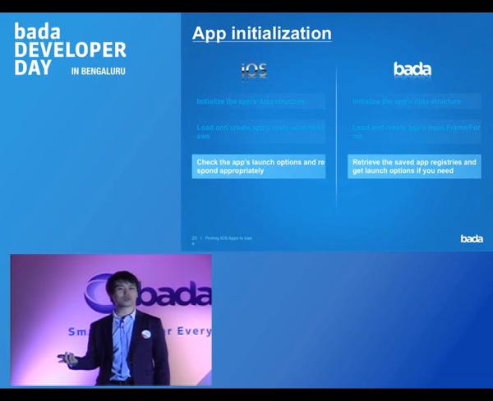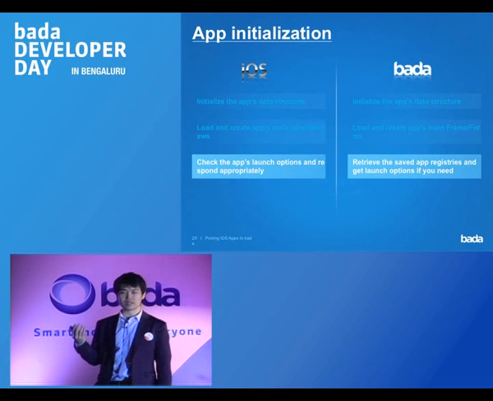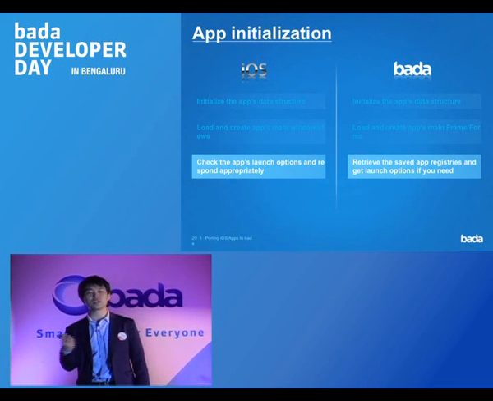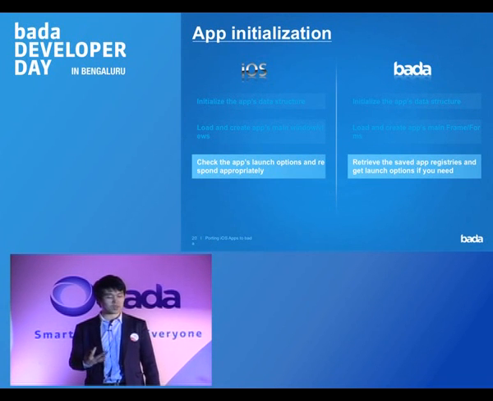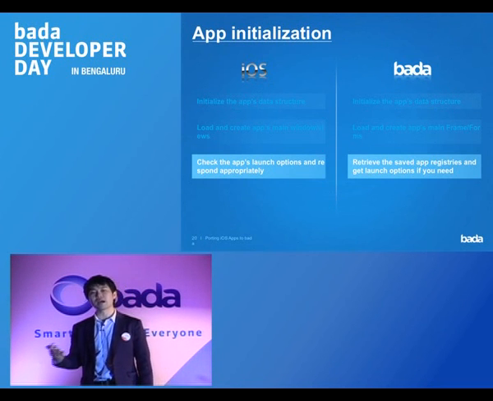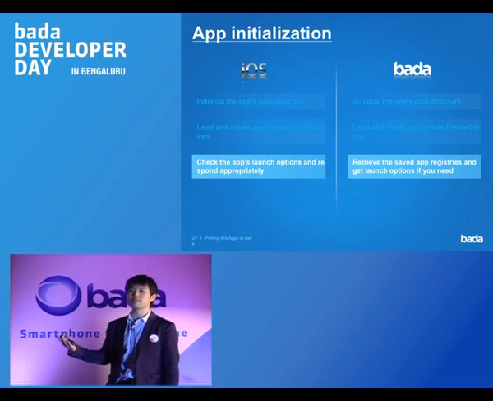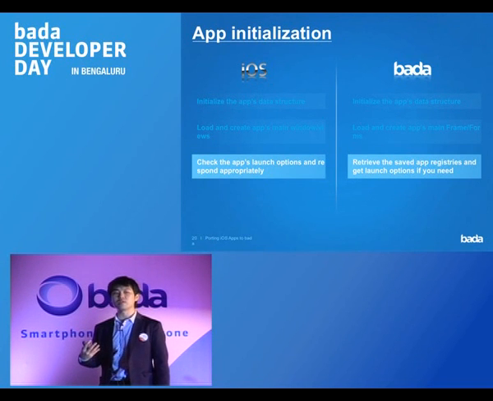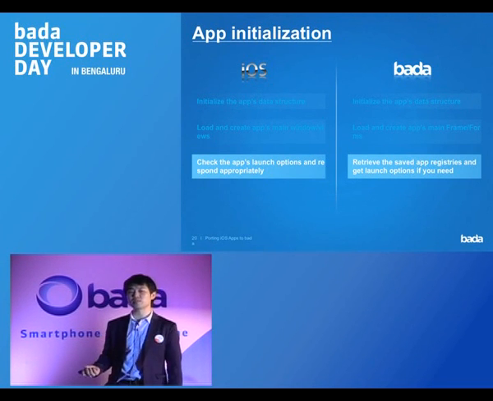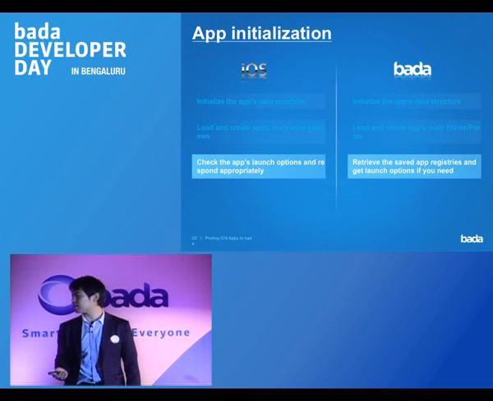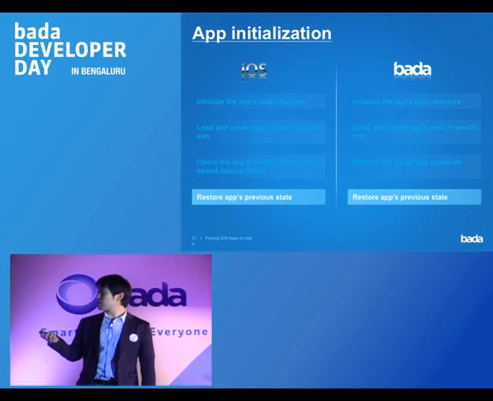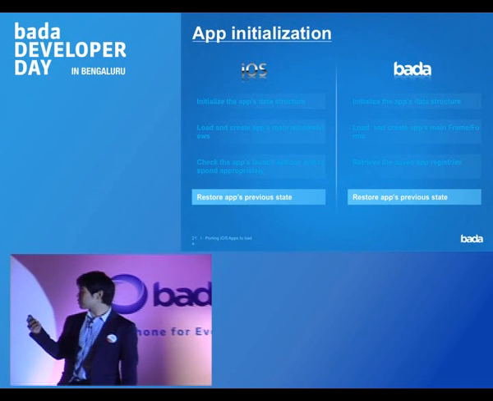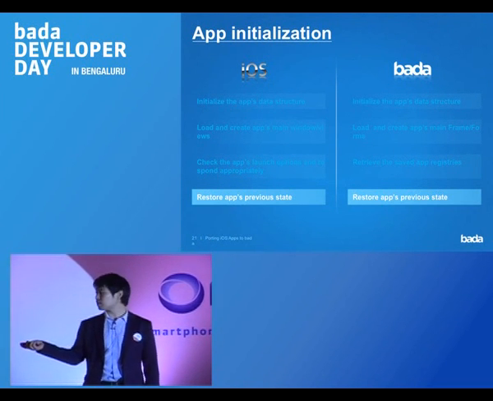We also provide an API to get some options, because this application can be launched by another application or from other places, so those options can be delivered with an API. We provide that, so I wrote it as if you need. And restore a previous state if you want.